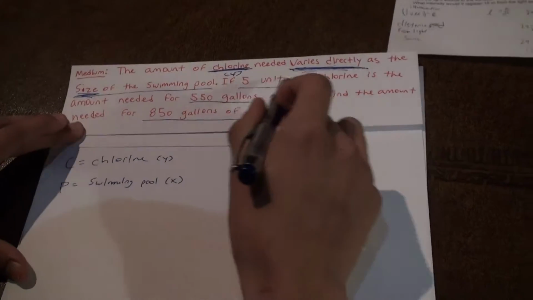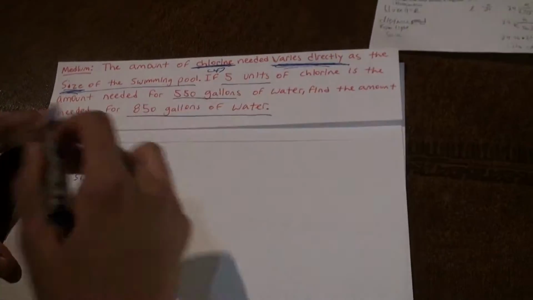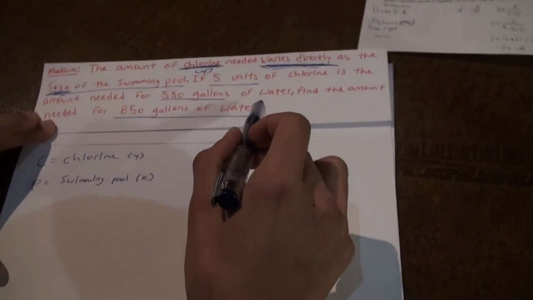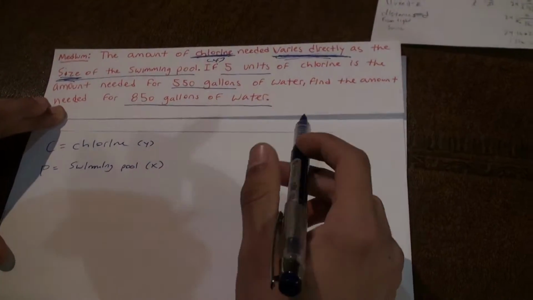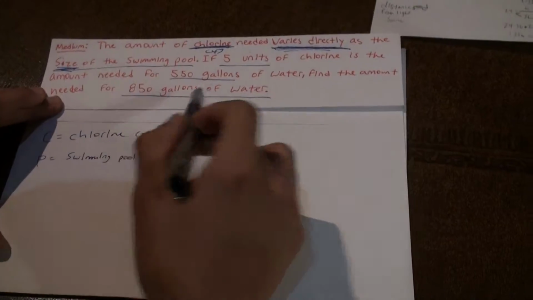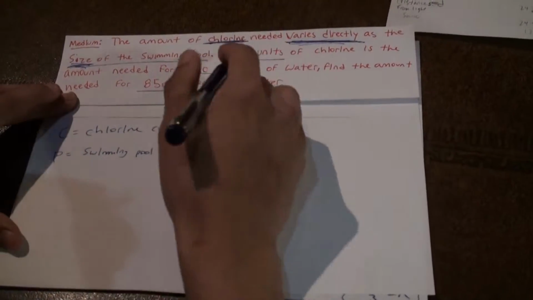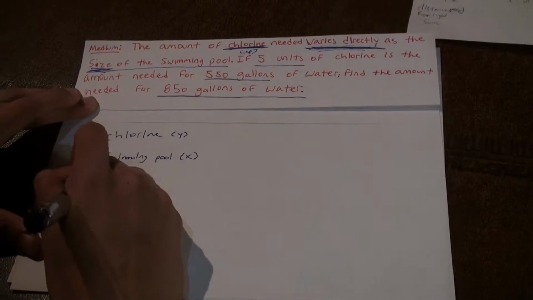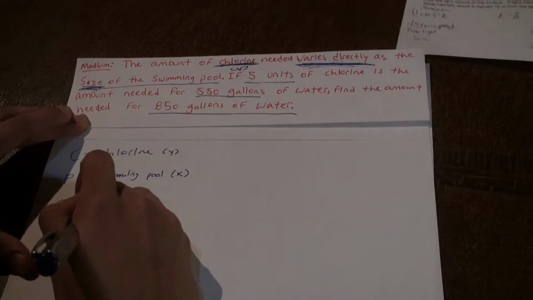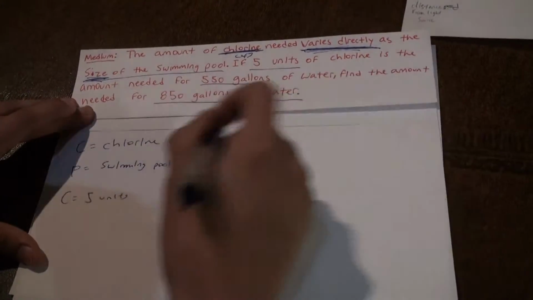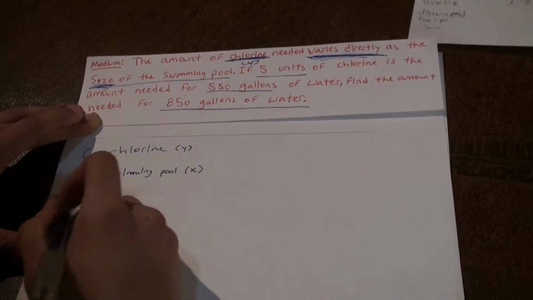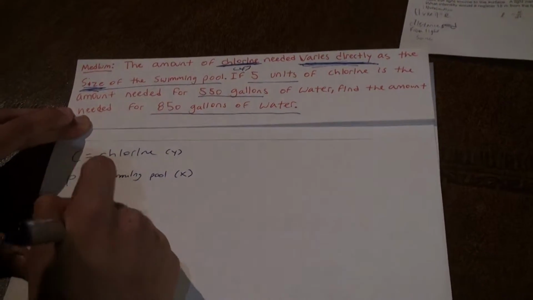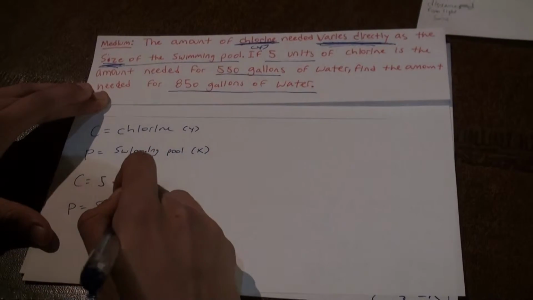If 5 units of chlorine is the amount needed for 550 gallons of water, so there's your two numbers to solve for the constant. Find the amount needed for 850 gallons of water. So you've got C, chlorine, is 5 units, and the amount needed is 550 gallons, and P would be 550 gallons.